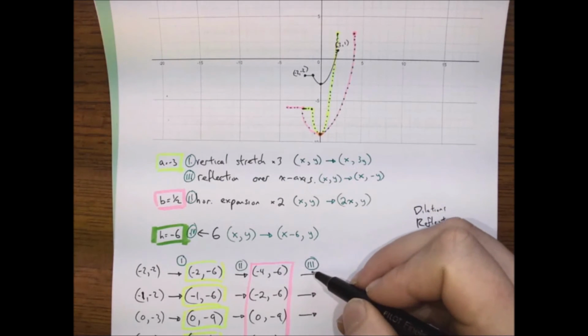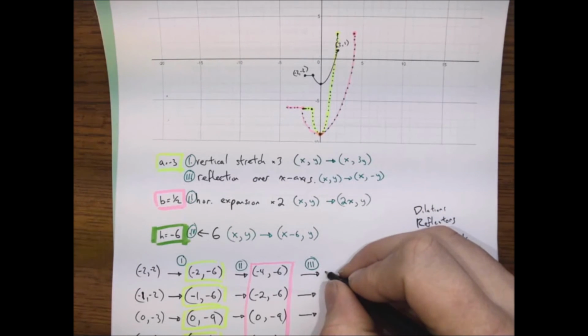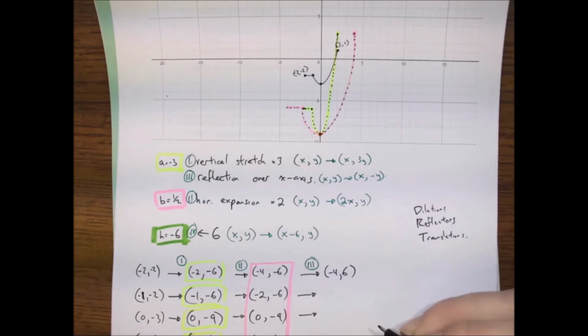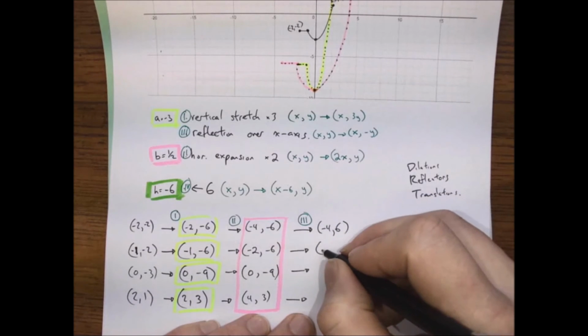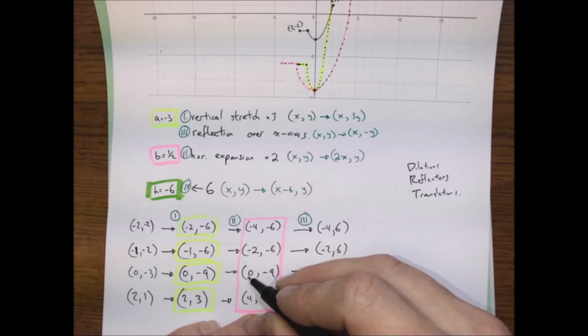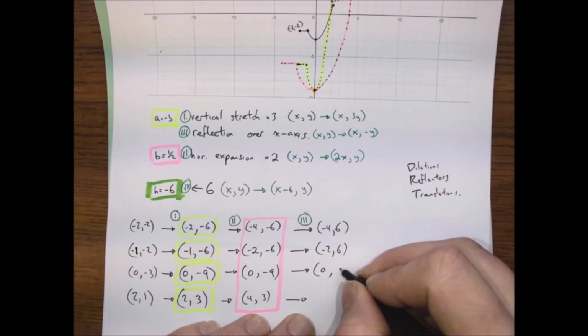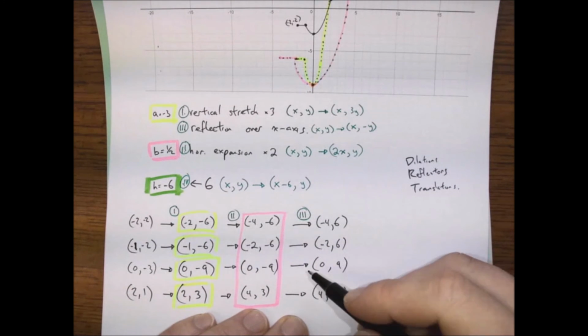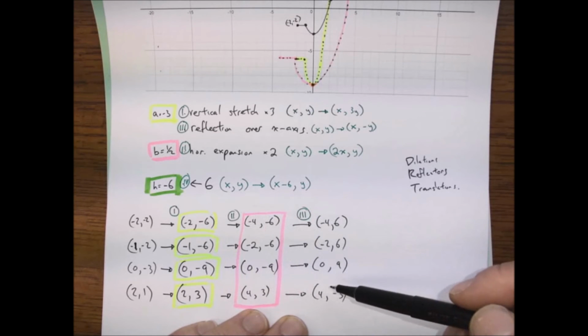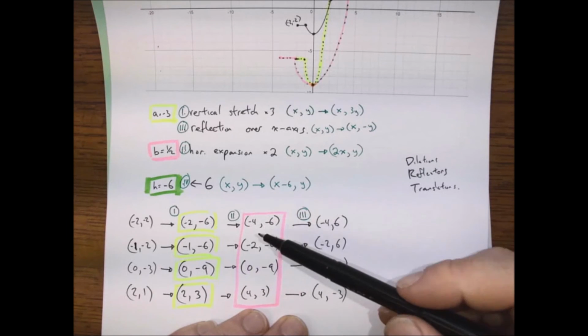So this value is going to go to the point negative 4, positive 6. Negative 2, positive 6. 0, positive 9. And 4, negative 3.